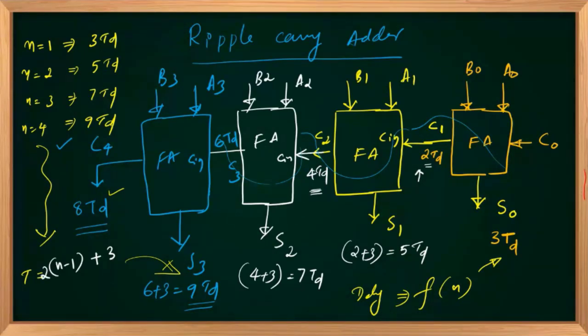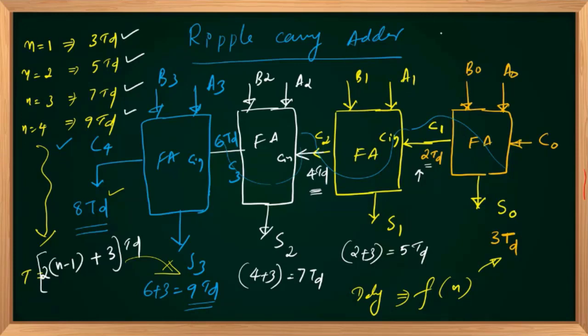That is 2 times n minus 1 plus 3, that many gate delays, right? So if n equal to 1, 1 minus 1 will be 0, we'll get 3 times TD. If n equal to 2, 2 minus 1 is 1, 1 into 2, 2 plus 3, 5. N equal to 3, 4 plus 3, 7. N equal to 4, 4 minus 1, 3, 3 multiplied by 2, 6 plus 3, 9.